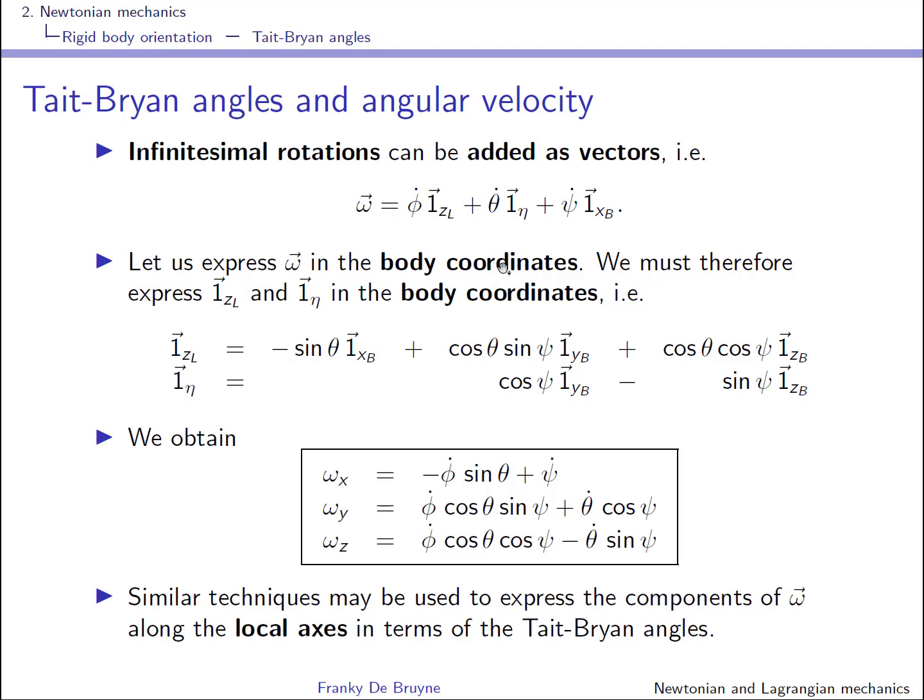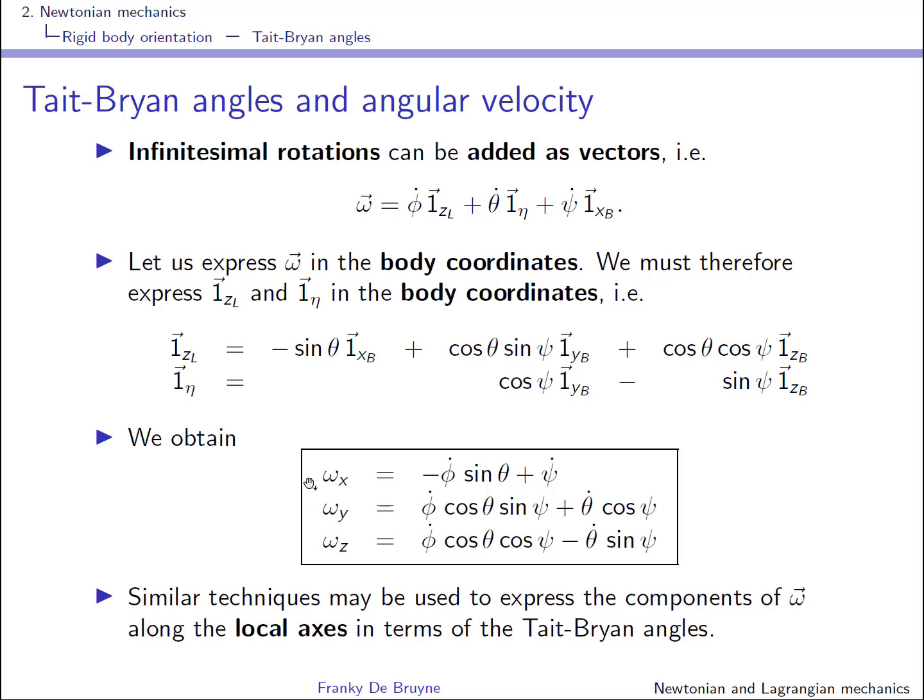Here it's written, and you could do this same thing for this y component of this intermediate reference frame, and you can also express it in terms of the body frame, right? So now if you plug that in here, you have omega expressed in the body frame, right? And this gives these equations, right?